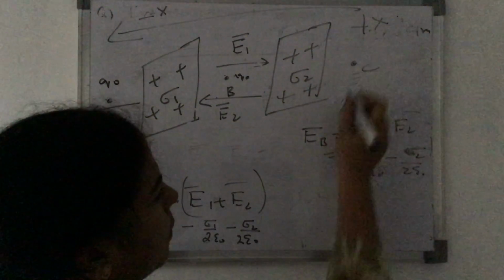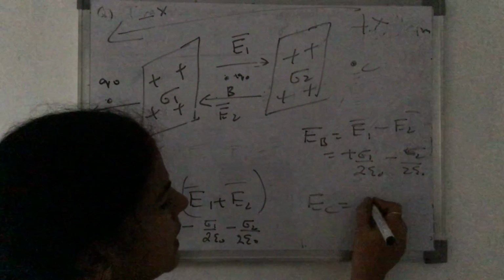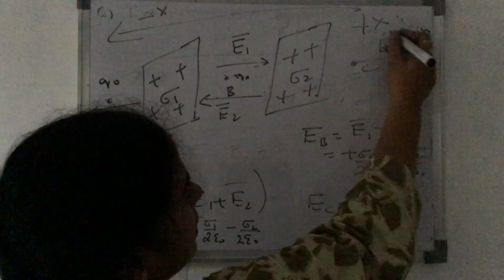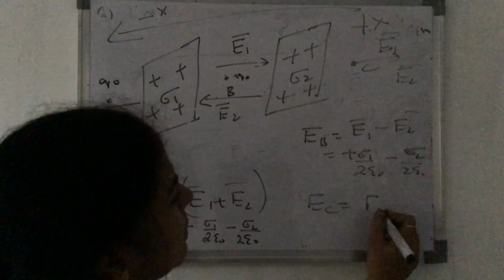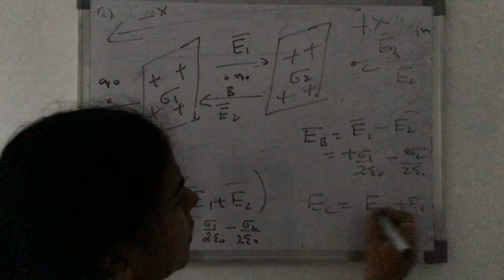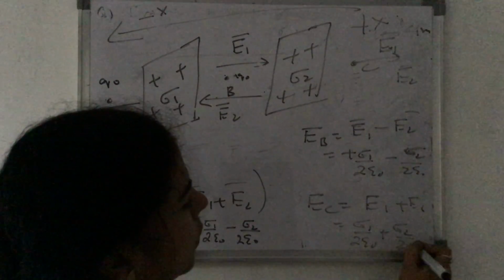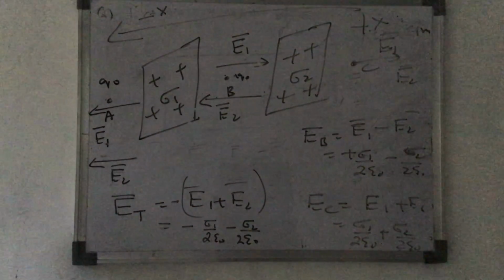If I talk about point C, EC is E1 in this direction and E2 also in the same direction. So it becomes E1 plus E2, which is equal to sigma 1 by 2 epsilon naught plus sigma 2 by 2 epsilon naught. Okay?